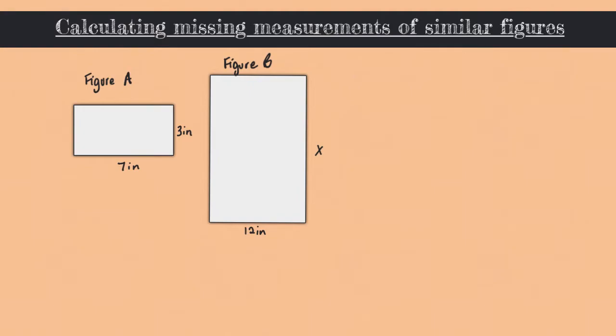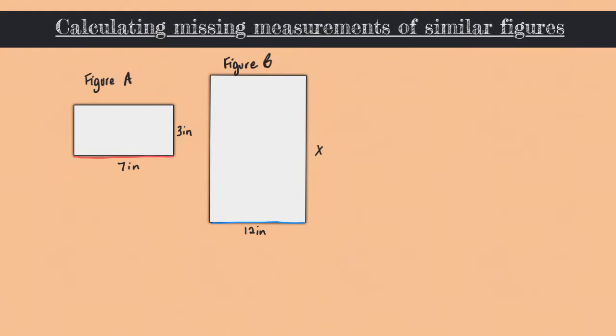They're just different orientations. In other words, one of our rectangles is sitting on its long side and the other one is sitting on its short side. So when we talk about corresponding sides, you want to make sure that your corresponding sides are actually matching, okay?